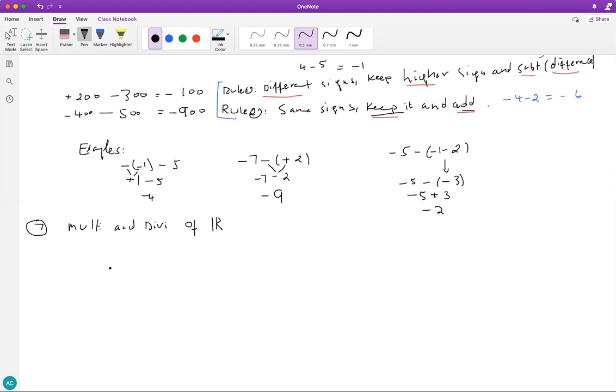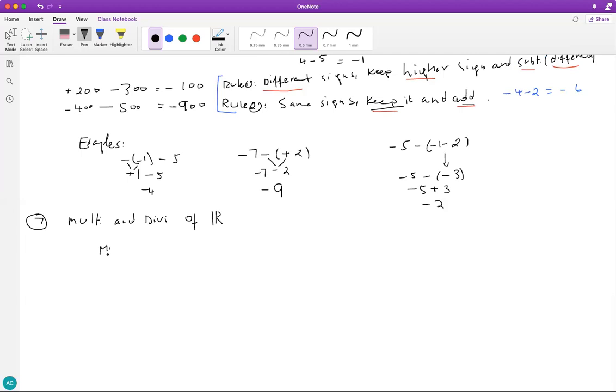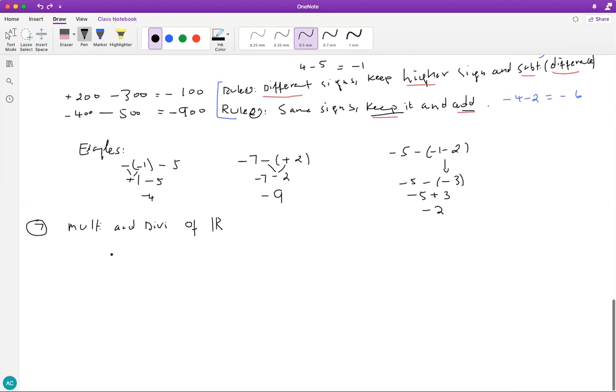So let's do the multiplication and division. We have a couple of rules, basically just 2 rules you need to think of.